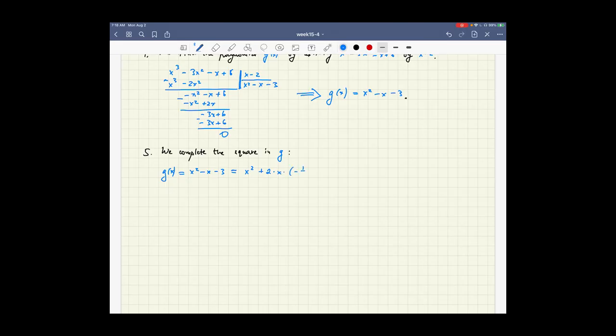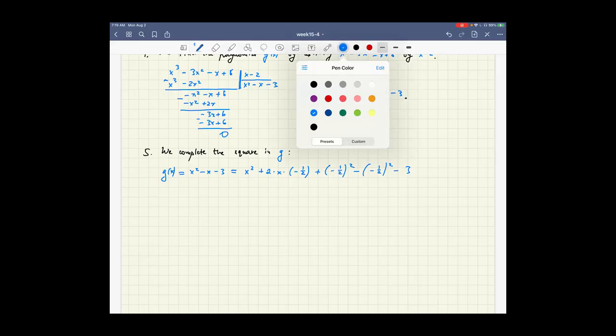The rest then must be negative 1/2, because when you multiply 2 by negative 1/2, you'll get negative 1. So the other number in the sum will be negative 1/2. So we must add negative 1/2 squared, and we subtract negative 1/2 squared, so that they cancel, of course.